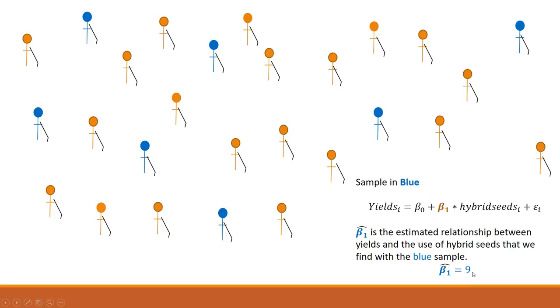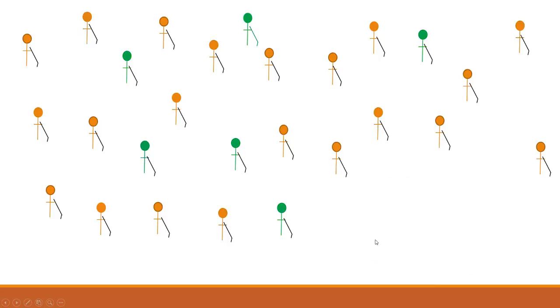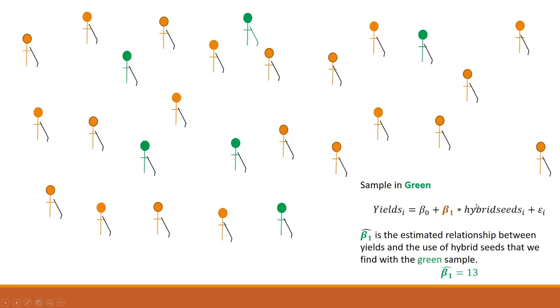We run the same regression model on data from just the blue farmers, and we get beta 1 hat equals 9. Then we go back and collect another sample, this time the green farmers, and we run the same regression model, and this time we get a different beta 1 hat estimate, equal to 13.